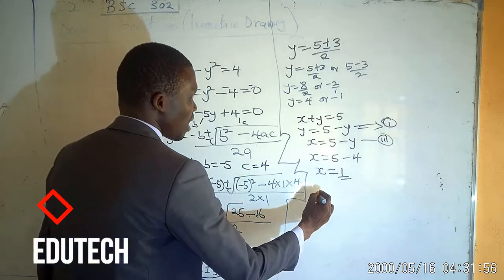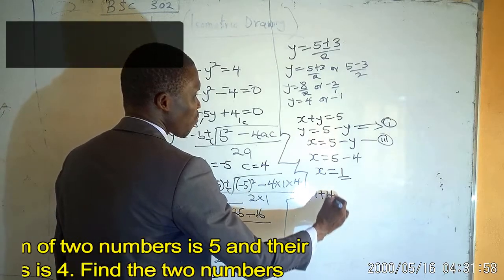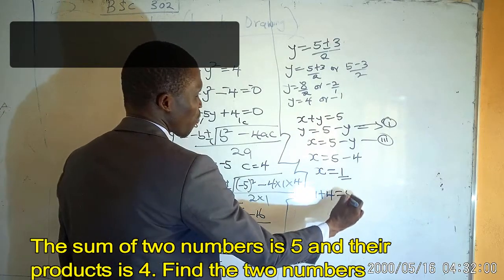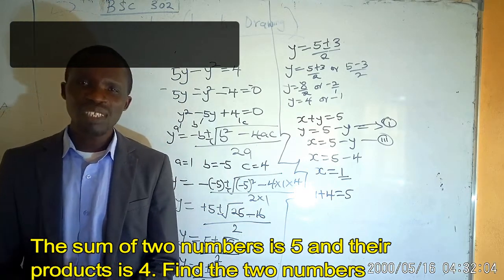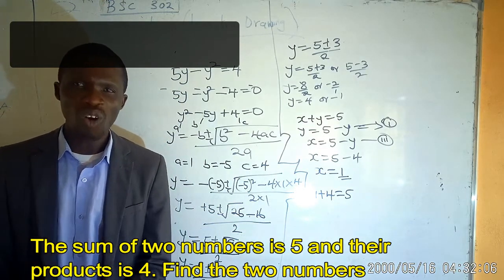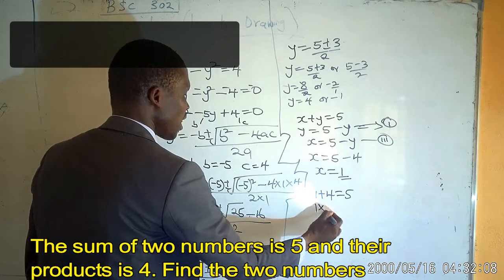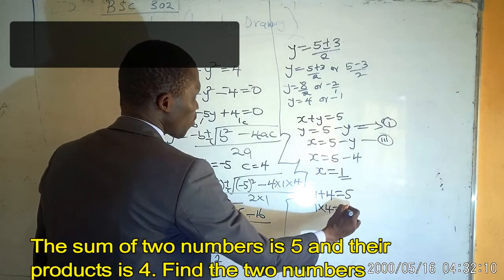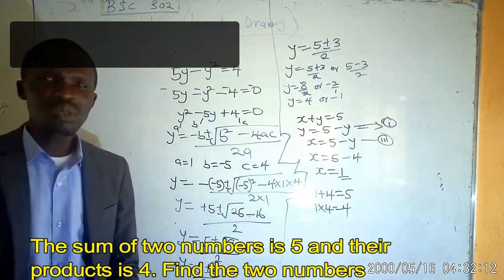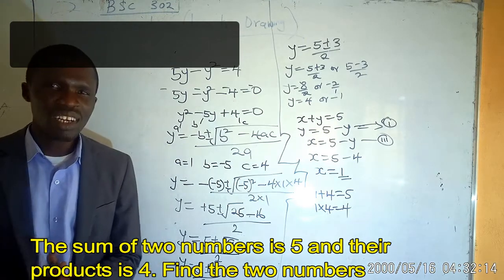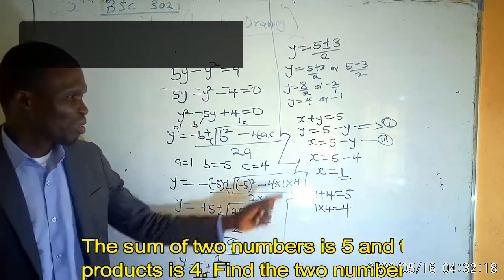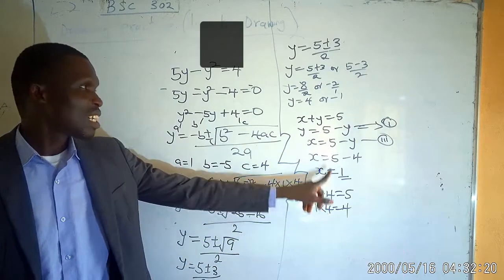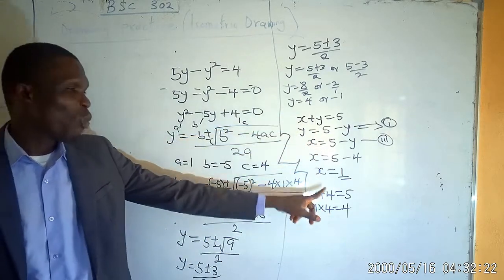That is 1 plus 4 equals 5. And the product of the numbers is 4. 1 times 4 equals 4. So the two numbers we are looking for are 1 and 4.